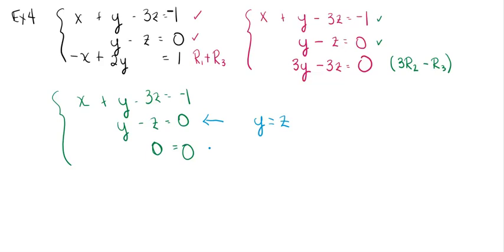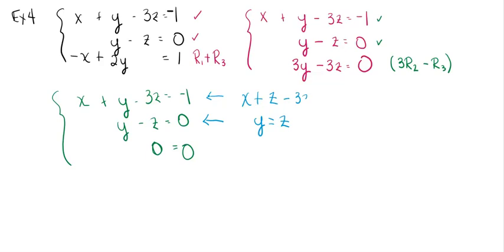So I can rewrite my first equation now in terms of x and one other variable. Well, I'm going to replace my y with the z that's equivalent to it in here. So I'm going to get x plus, and instead of y, I'm going to replace it with the z because z is equivalent to y, right?